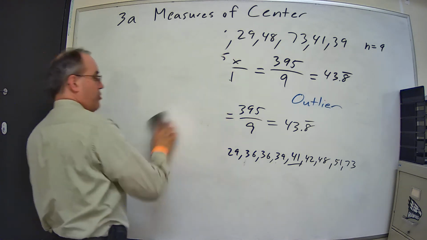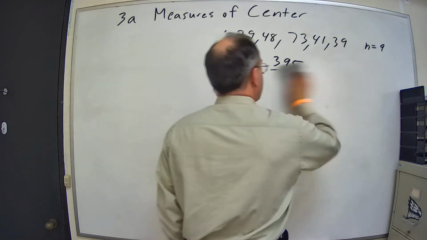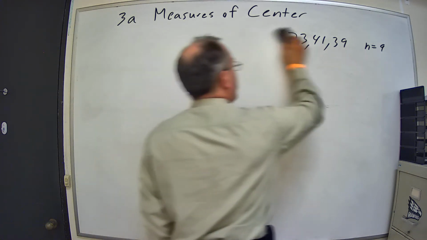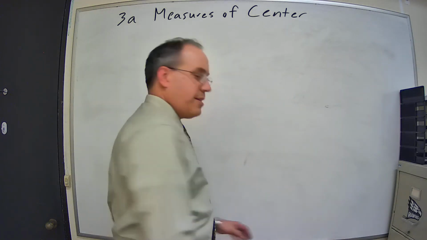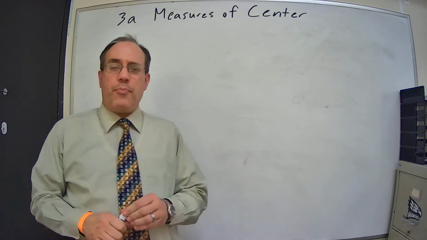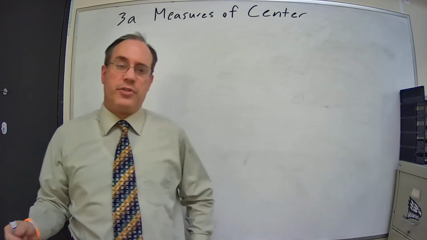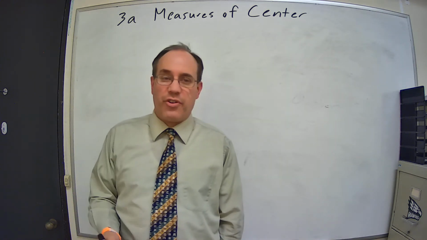So now we're going to go to some slight modifications of this, and we're going to look at a frequency distribution mean. Frequency distribution means are pretty cool because sometimes you're set up like that because that's the way the survey went.